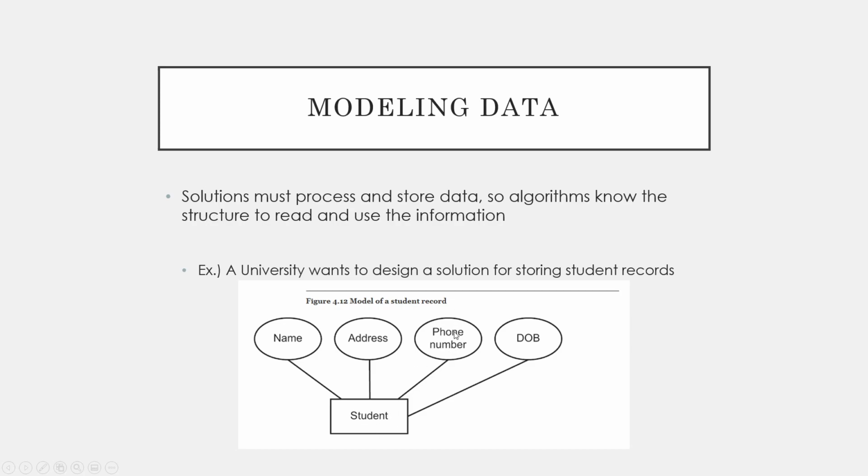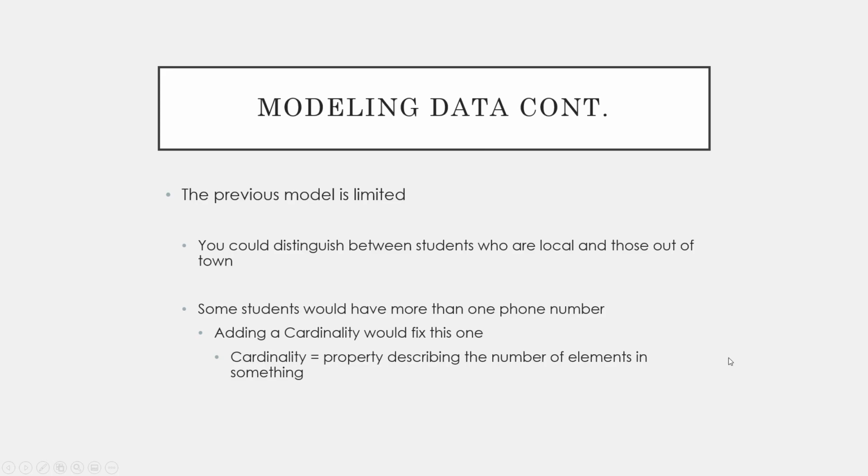Maybe a student can have several phone numbers. Maybe a phone number could belong to multiple students. Maybe an address could belong to multiple students if they live together. You could have students with the same name. So cardinalities can show the number of things in this relationship.